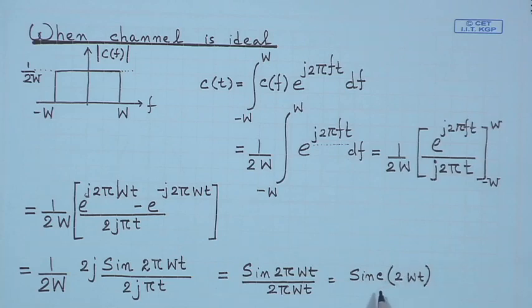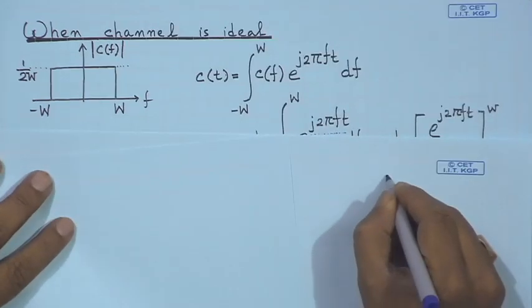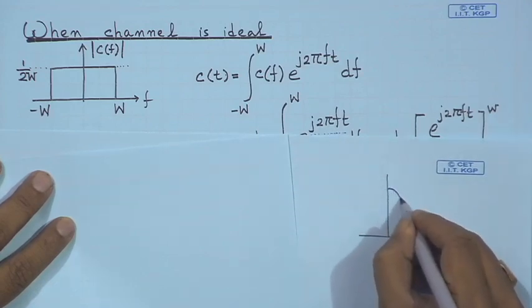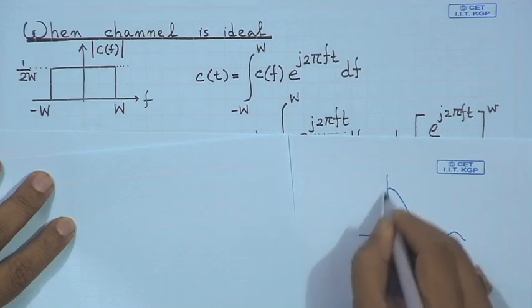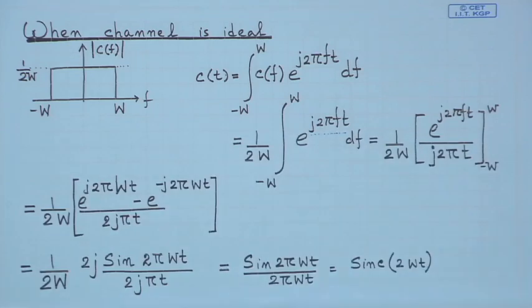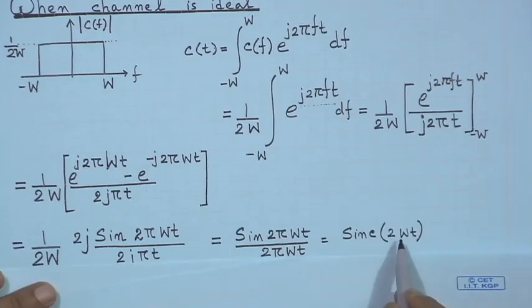One quick hint you can get from this is, if you know the response of sinc, we can draw it briefly here. This is the zero crossing at 1 by W, so in this case it is 1 by 2W.